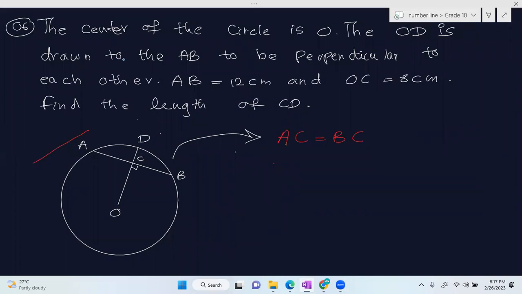Then AB is equal to 12 centimeters and OC is equal to 8 centimeters. Then you have to find the length of CD. Okay, please find this and let me know the answer.